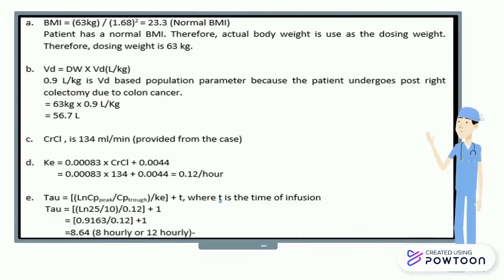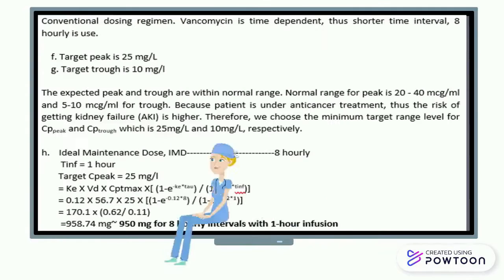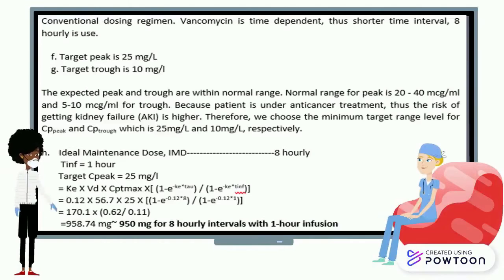This allows us to choose either 8-hourly intervals or 12-hourly intervals. However, since vancomycin is a time-dependent drug, we decided to use a shorter time interval, and this leads us to select a conventional dosing regimen which is 8-hourly. The expected peak and trough is within normal range.